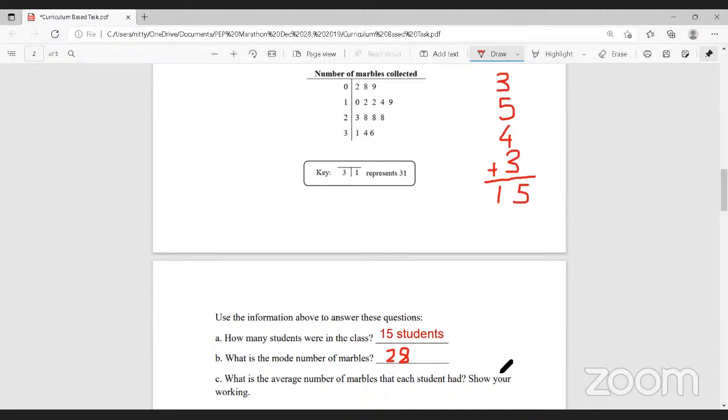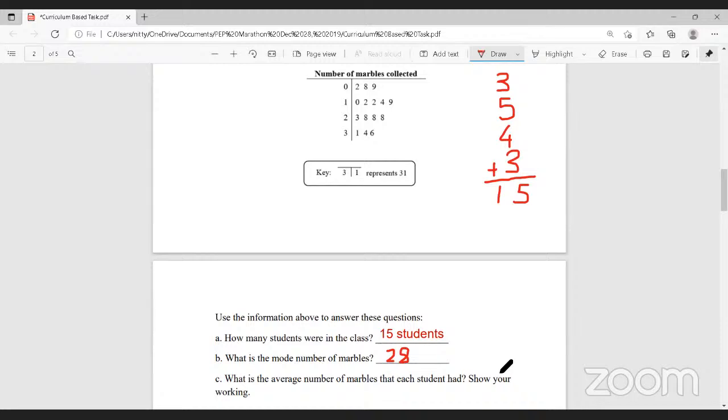Tell me, we're talking about the average number of marbles. If we have a 0.6, that looks like a fraction of one marble. So tell me, what is the average? Average number of marbles.